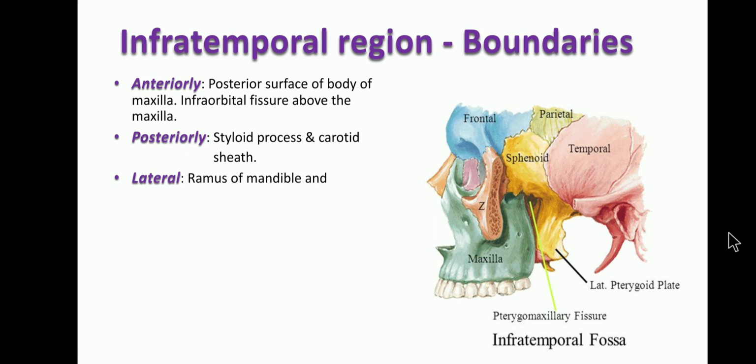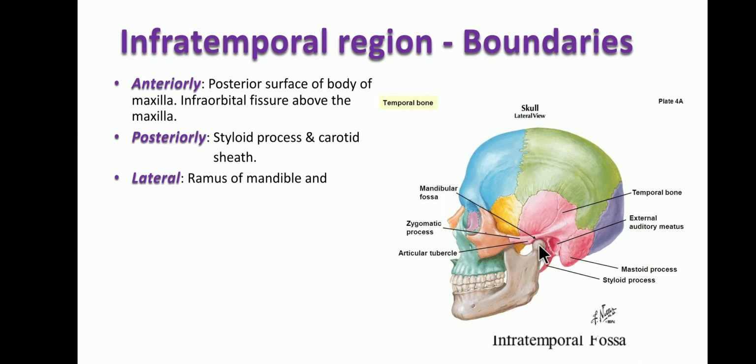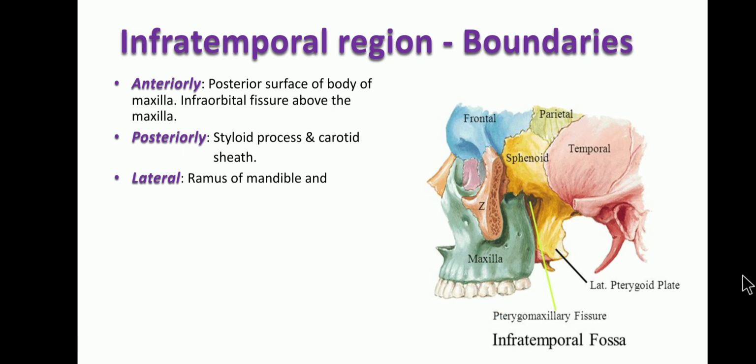Then laterally, the ramus of mandible. That forms the lateral boundary of the infratemporal fossa. Only if you remove the ramus of mandible will you be able to see the pterygoid muscles, which are present deep to the ramus of mandible.